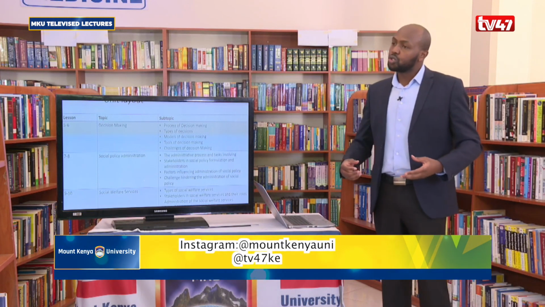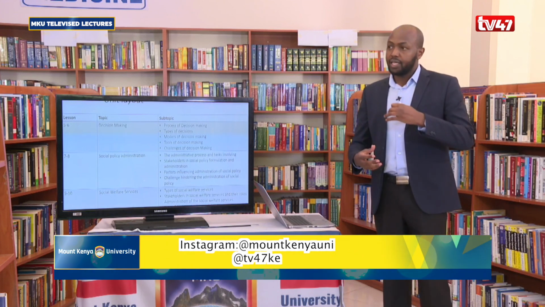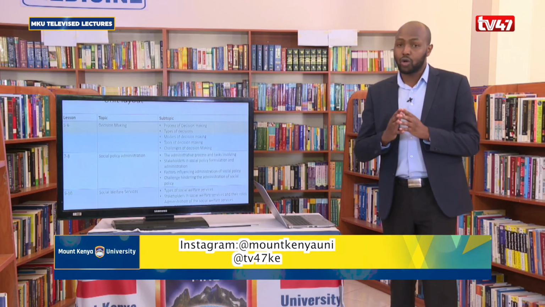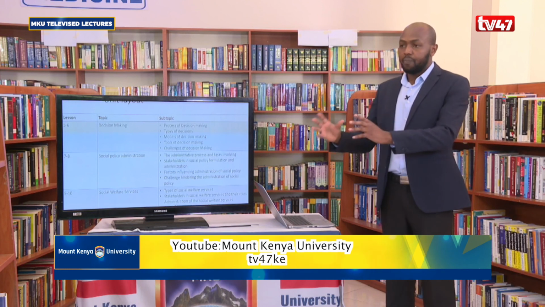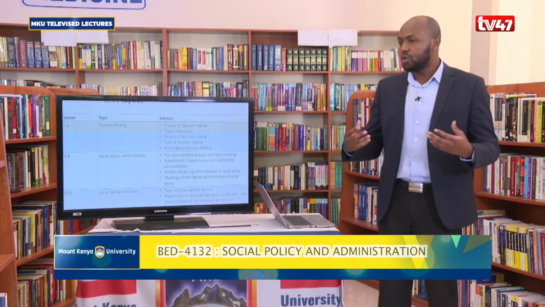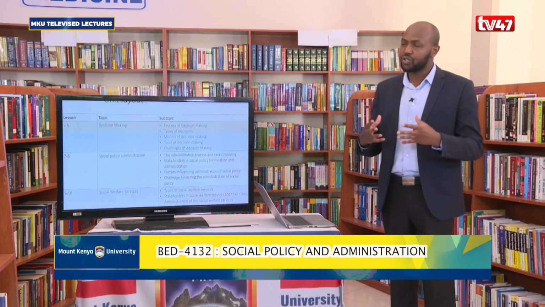You also find the other interested parties. This could be international organizations that have their main focus on supporting human welfare or improving welfare, and you also find maybe non-governmental organizations that also have interest in that area.